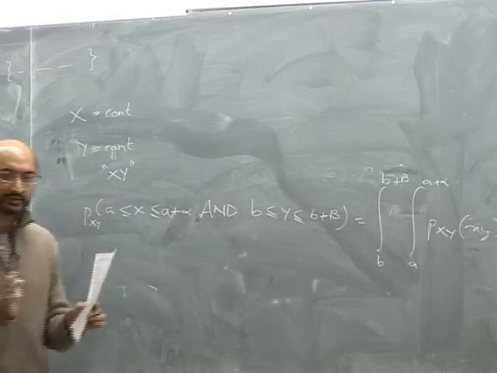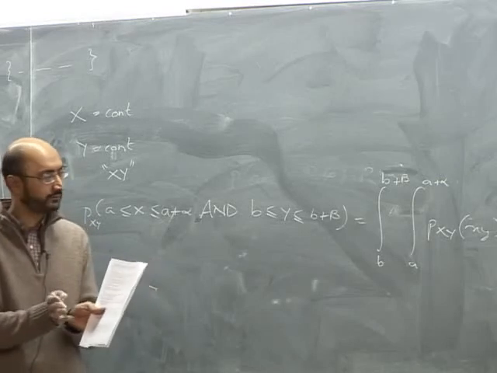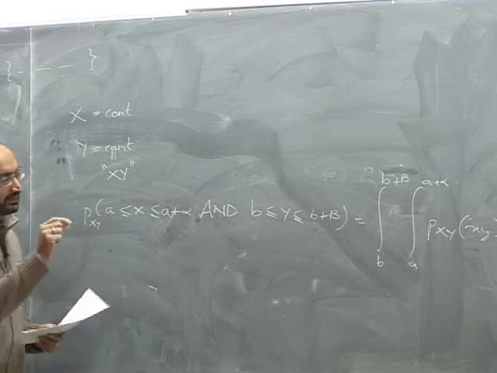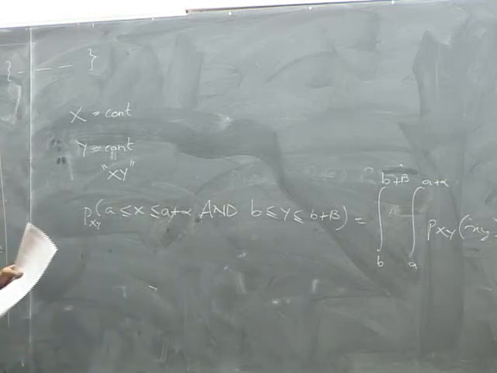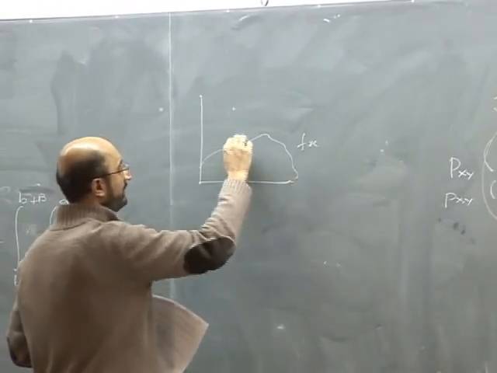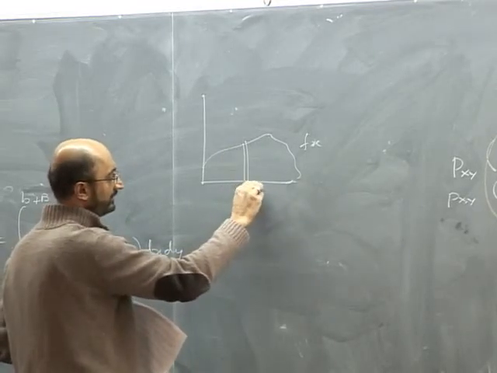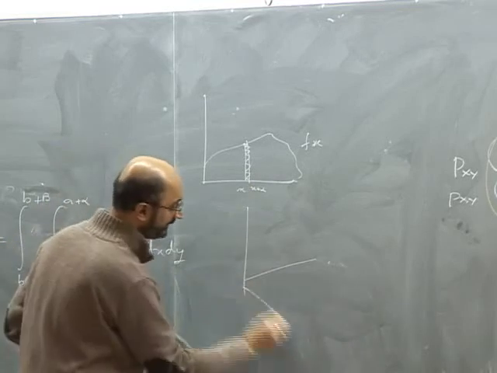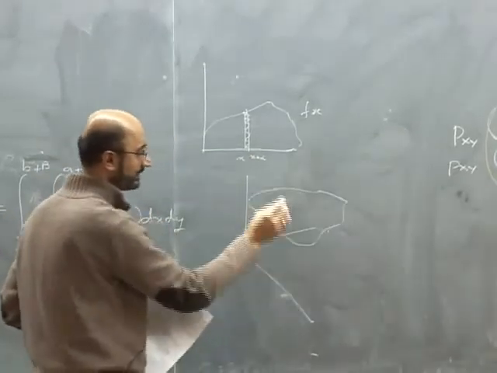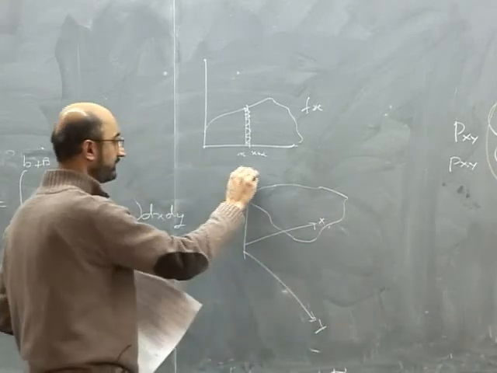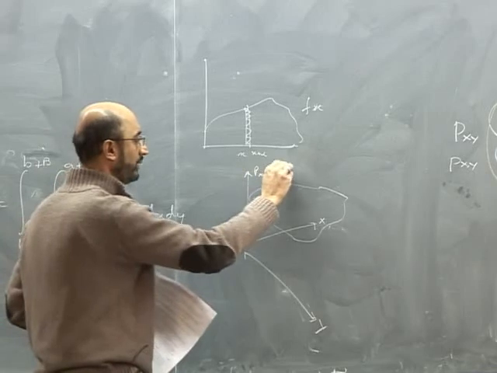So in some sense, the product of these random variables defines a space in which the probability mass lies. In the one-dimensional case, we had fx and we took this mass from x to x plus alpha. In this case, we can think of a surface, where this is x, this is y, and this is the probability density p xy of x, y.